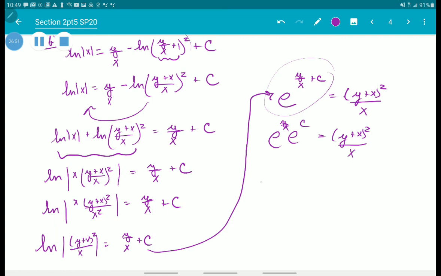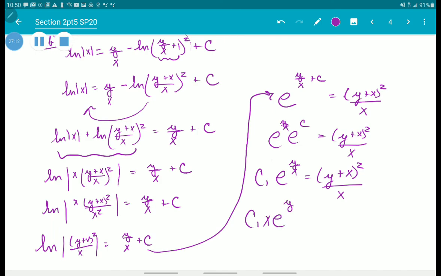E to the c, if I take a constant and raise it to a constant, I just have another constant. Since it's different than what this c would be, I'm going to call it c1. And then let's multiply both sides by x. So this answer is a little bit nicer to look at than the one with ln's.